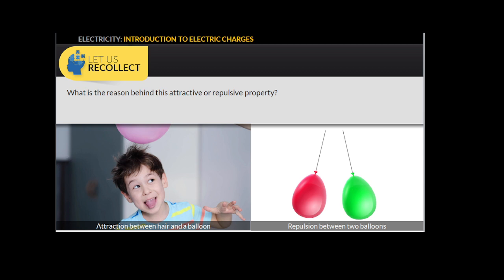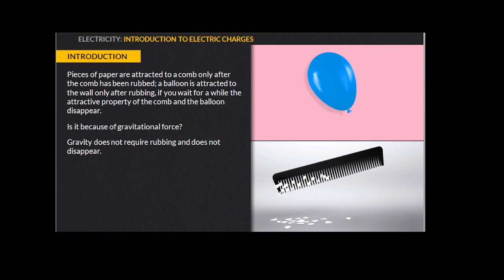We have seen these attractive and repulsive properties, but what is the reason behind this? To understand it, note that in all the above cases we were rubbing something, right? The pieces of paper are attracted to the comb only after the comb has been rubbed. So one thing is common in all the activities, that is rubbing.